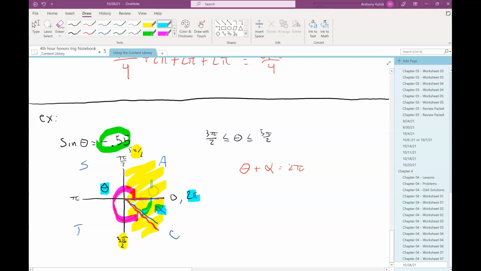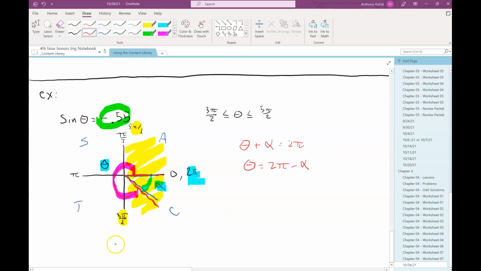If we go that much more, that was alpha, and that gets us to 2 pi. So to solve for theta, I need to do 2 pi minus alpha. So the question becomes, how do I find alpha? Well, alpha is just going to be, in this case, sine inverse of the absolute value of negative 0.55.